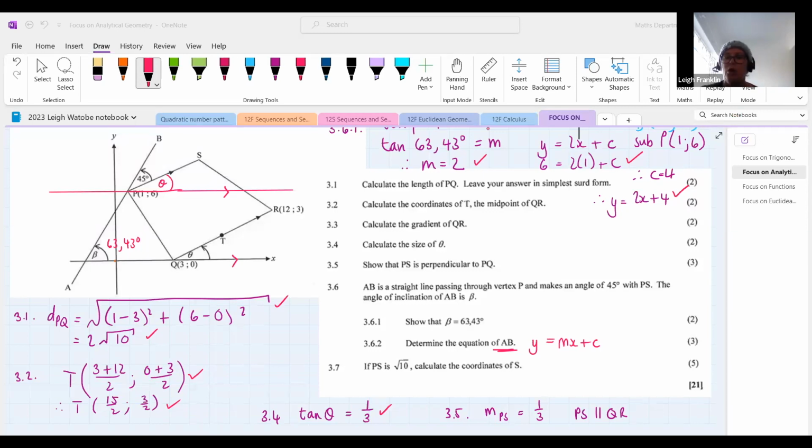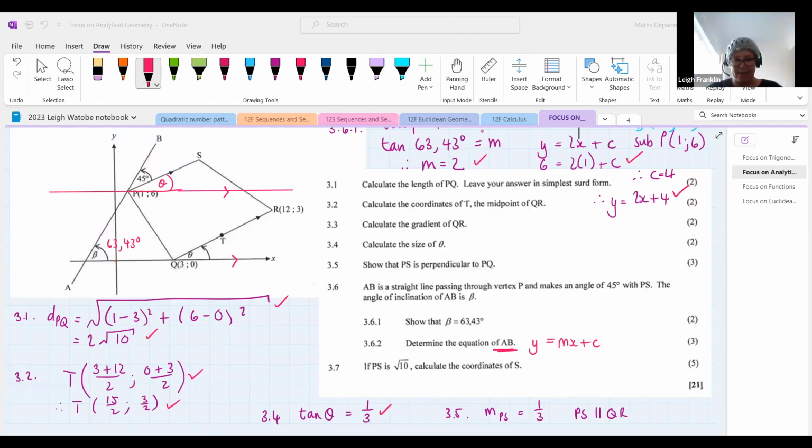A lot of the time, it's going to be a quadratic equation together with a linear equation, just like we do in paper 1. Remember when they ask us in question 1 to solve simultaneously, they give us 1 linear equation, 1 quadratic equation, we rearrange the linear, we sub it into the quadratic, and then we do our solution. It's a common theme that comes up over and over again.